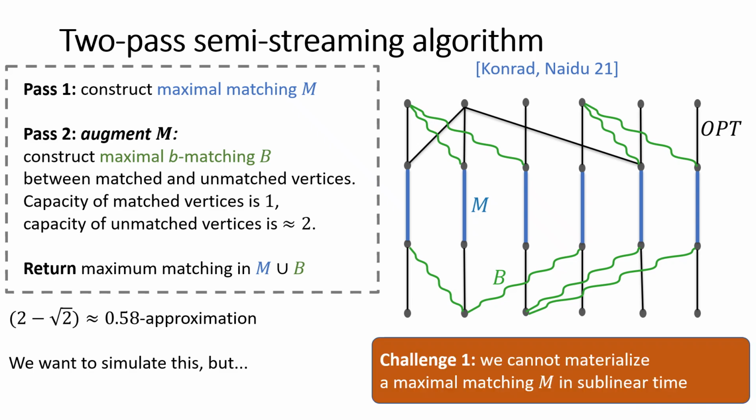The first challenge comes already at the very beginning, in the first step: we cannot compute the edges explicitly of any maximal matching in sublinear time.